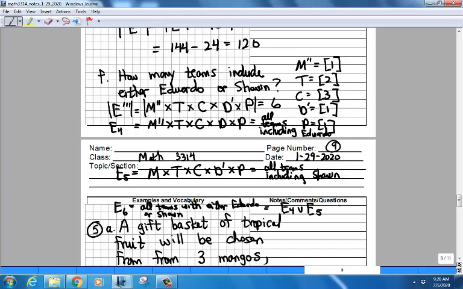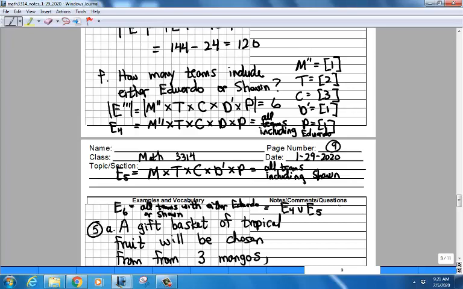Those sets both include E triple prime, teams with both Eduardo and Sean. So unfortunately, E triple prime is in there twice.